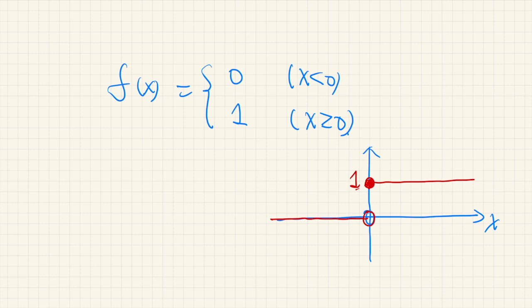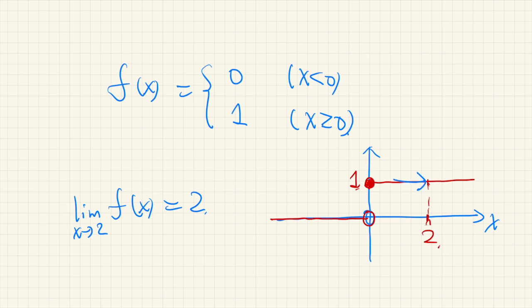Is this function continuous at x equal to 0? No. Otherwise, it is continuous. For example, let's say x equals 2. Then the limit as x goes to 2 is 1, because it's constant.